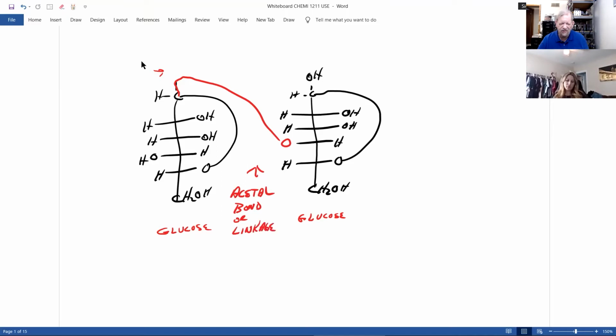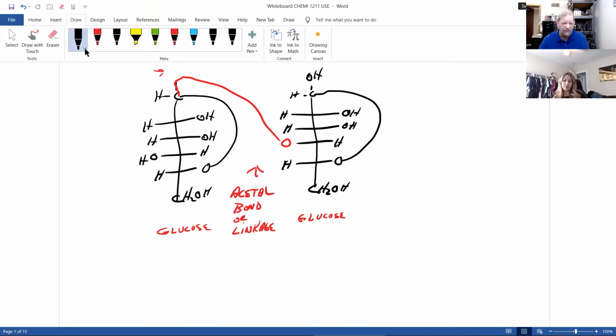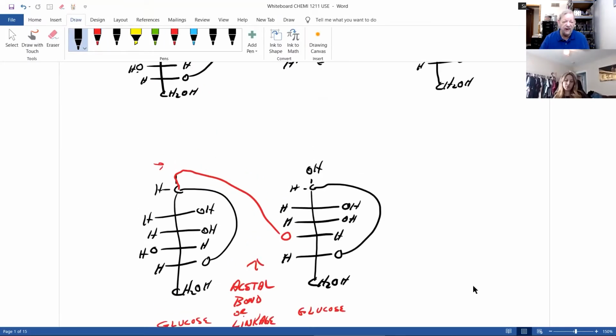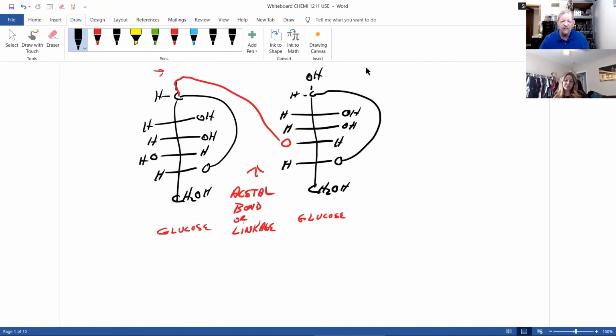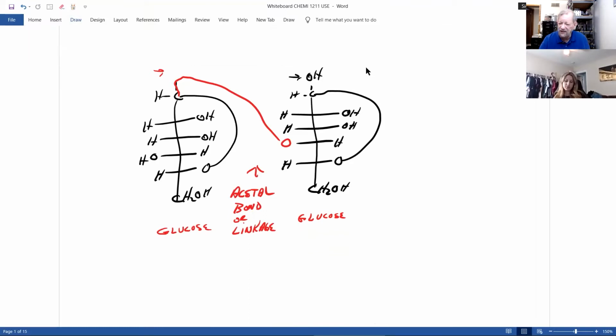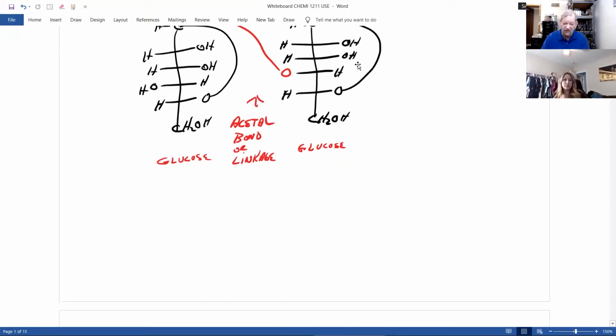Is that a word I just made up? I don't know. But anyways, what does this mean? Well, how was it formed? Well, this reaction up here. If you notice, if I had another glucose molecule, it could react here. And as I showed you, you could put together many of these.